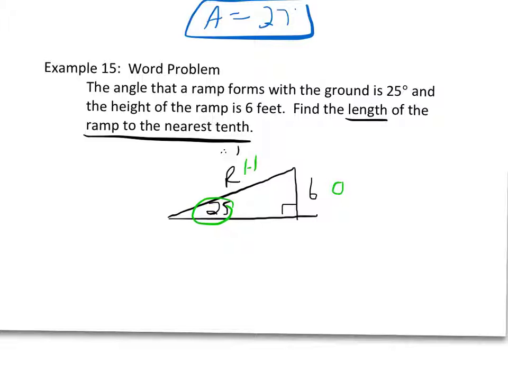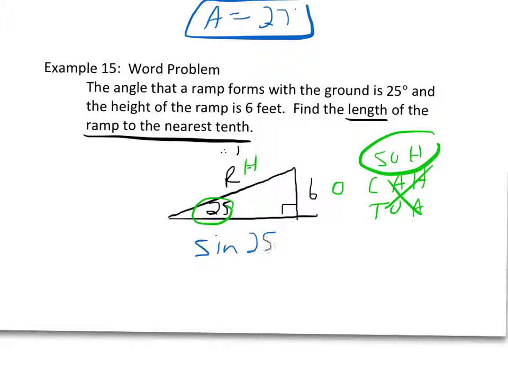So if we have SOHCAHTOA, we have opposite and hypotenuse, which would mean sine. So sine of 25 equals opposite over hypotenuse, which we don't know. Now I'd like to make a proportion, and then all I need to do is cross multiply.